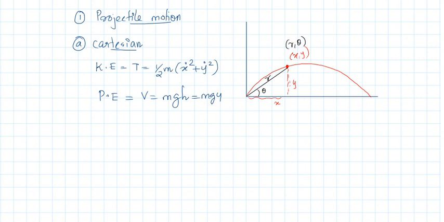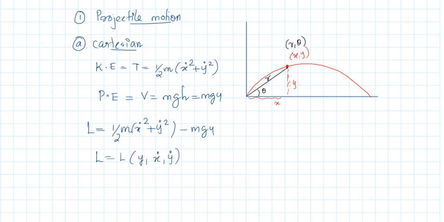So it is m g y. The Lagrangian is half m (x dot square plus y dot square) minus m g y. So the Lagrangian is a function of y, x dot, and y dot.